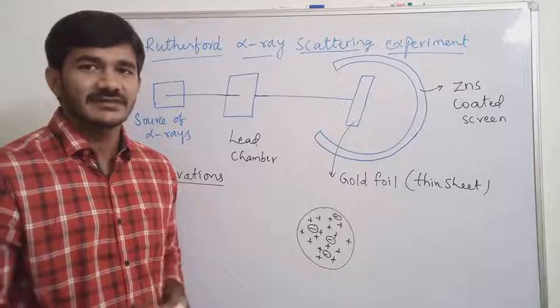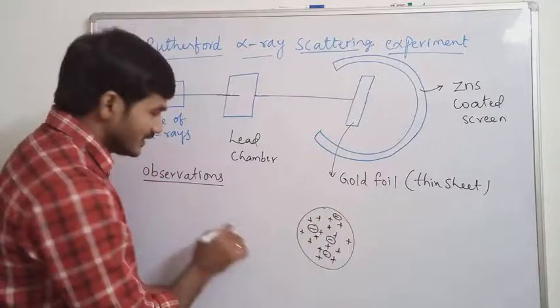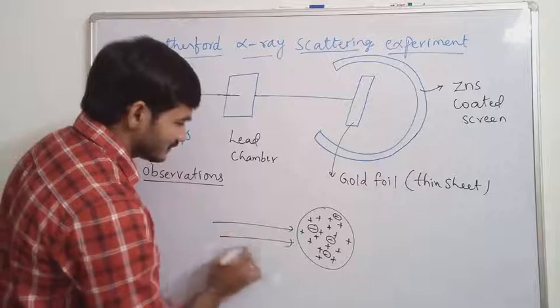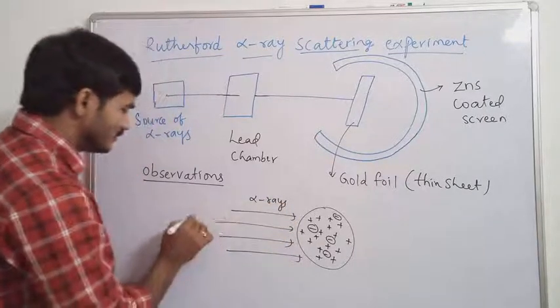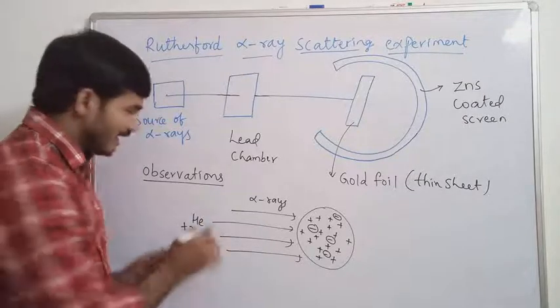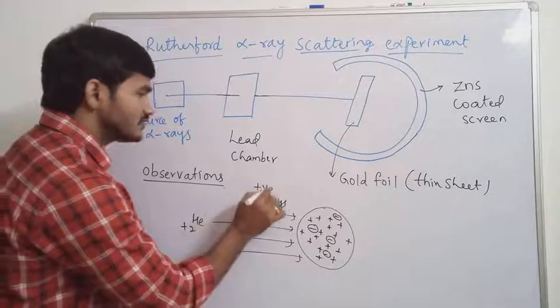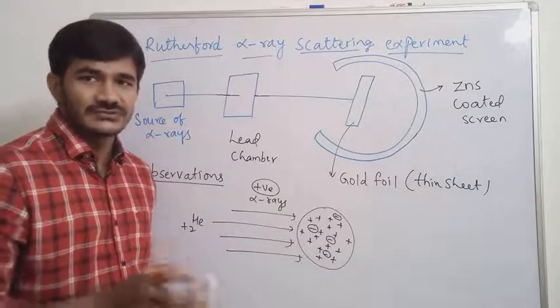What are the unexpected results? You see, this is an atom. If I pass alpha rays, which I told you are helium nuclei with +2 charge, meaning alpha rays have positive charge. What is the charge of alpha rays or alpha particles? Positive charge.